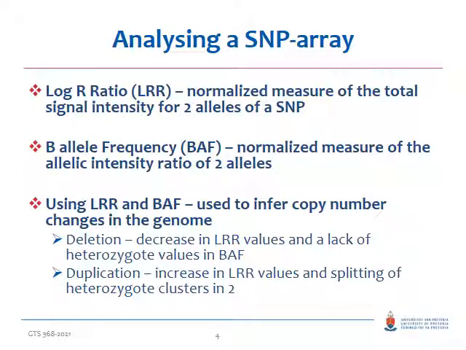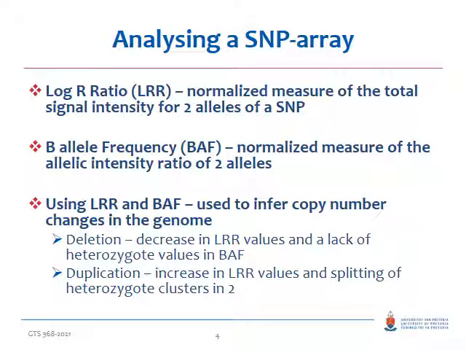The B allele frequency is defined as the normalized measure of the allelic intensity ratio of the two different alleles, randomly assigned to the A and the B allele, and is calculated as a ratio: signal intensity for the B allele divided by the signal intensity for the A allele plus the signal intensity of the B allele.